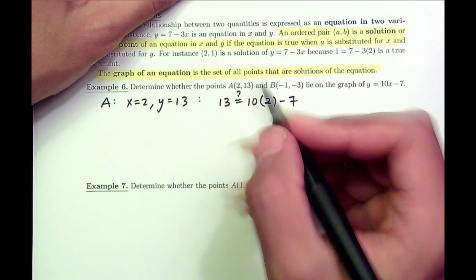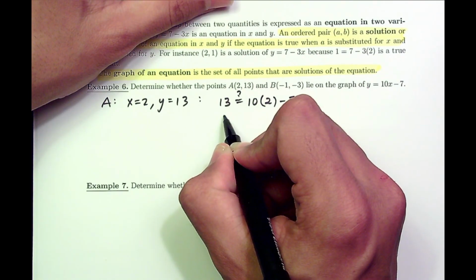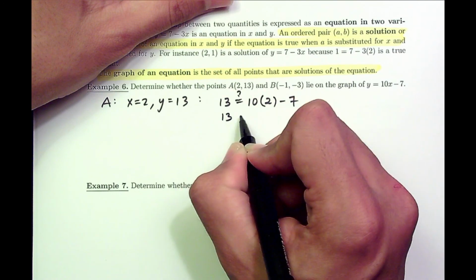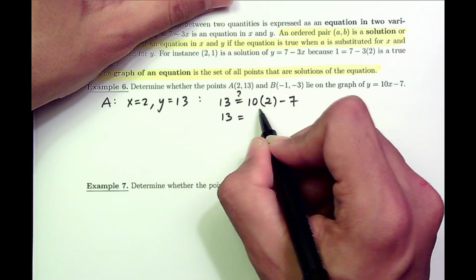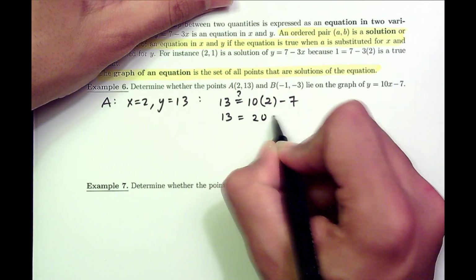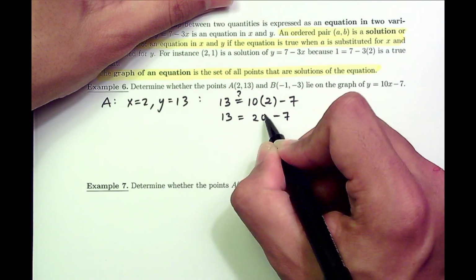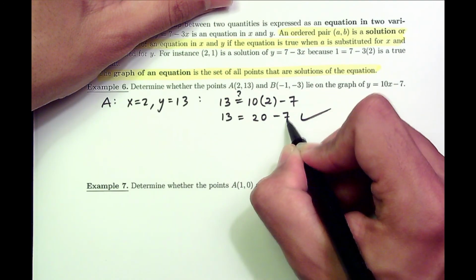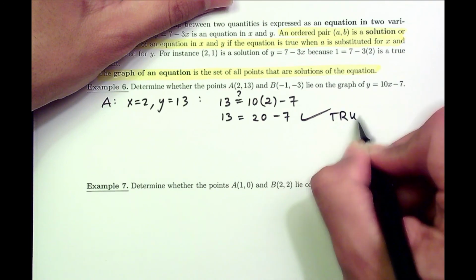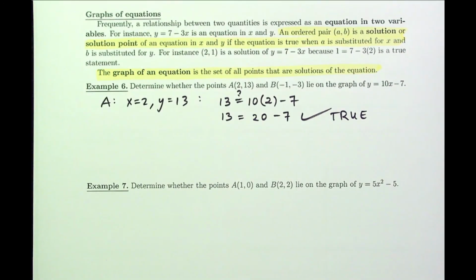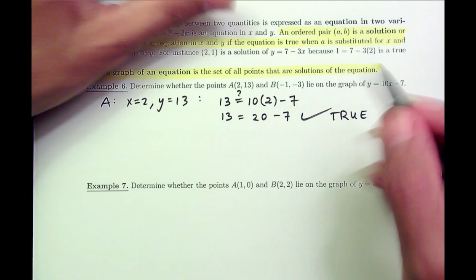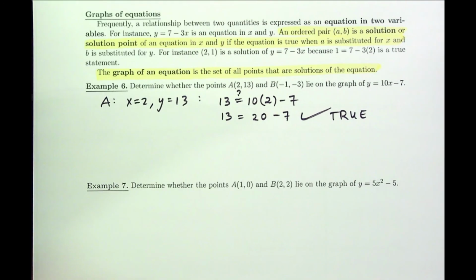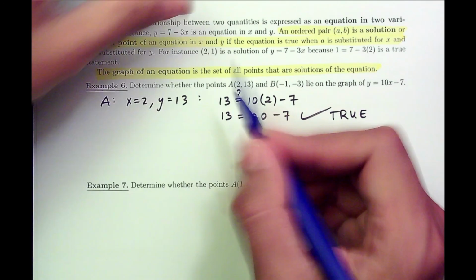It is not obvious, but let's simplify a little bit. Is it true that 13 equals 2 times 10 is 20, 20 minus 7? Yes, this is true. So that means A is on the graph.